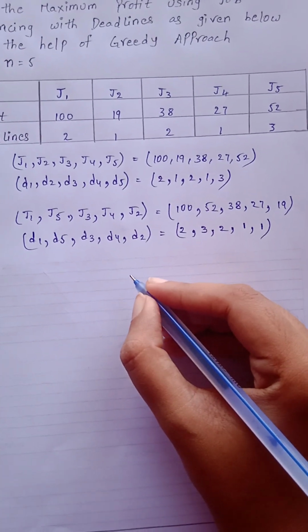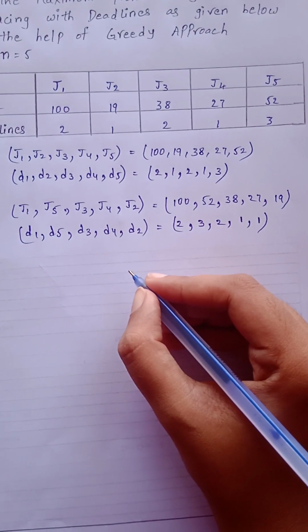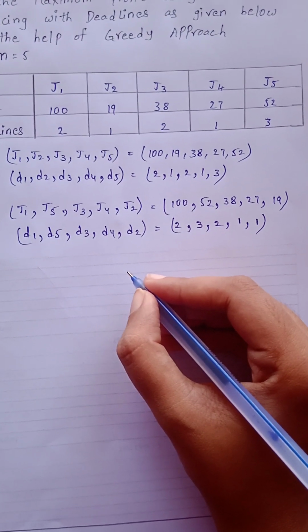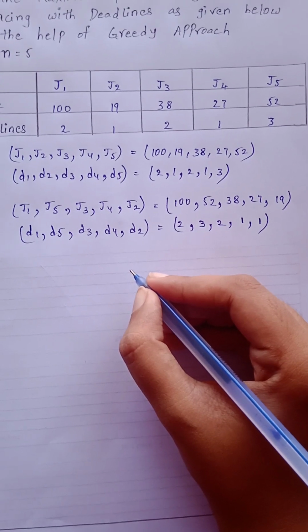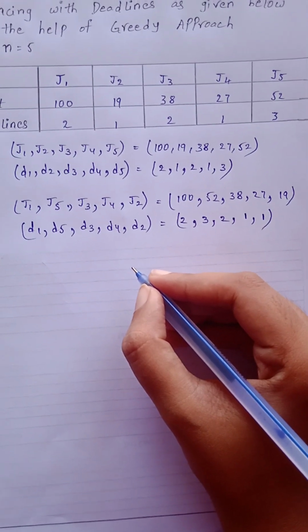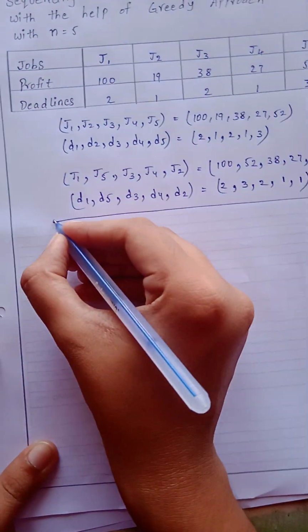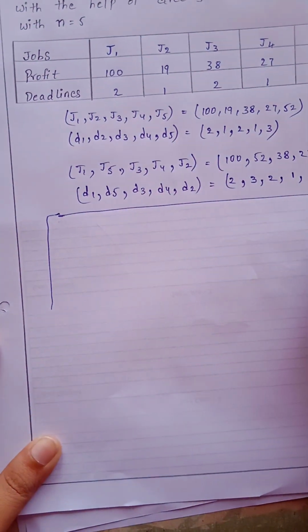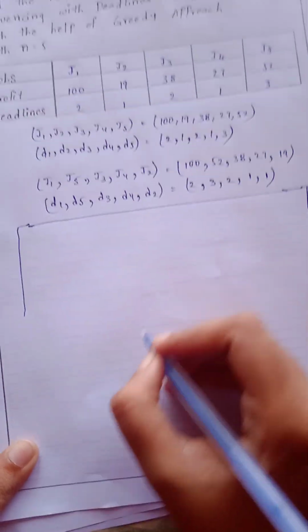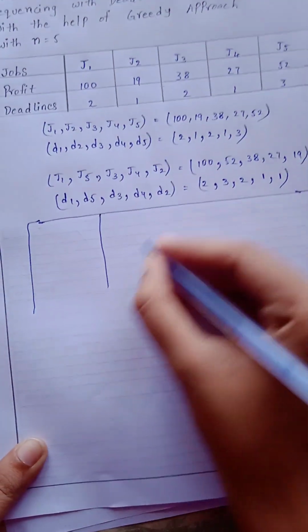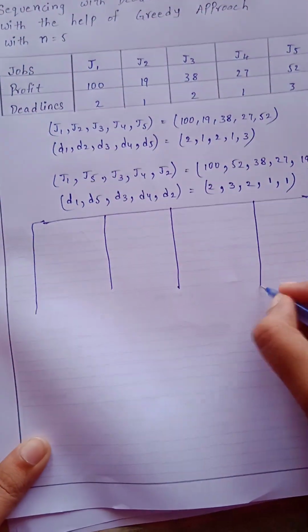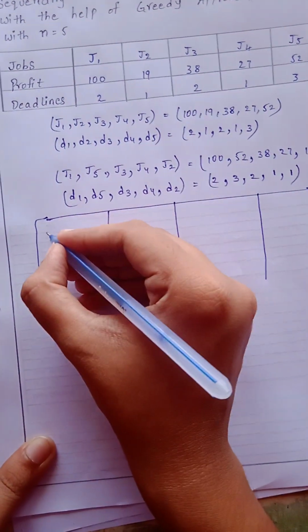Now we have to assign all the jobs to a corresponding slot and execute them one by one. So for that, let us draw a table. Here the table has 4 columns. First column is assigned slot.